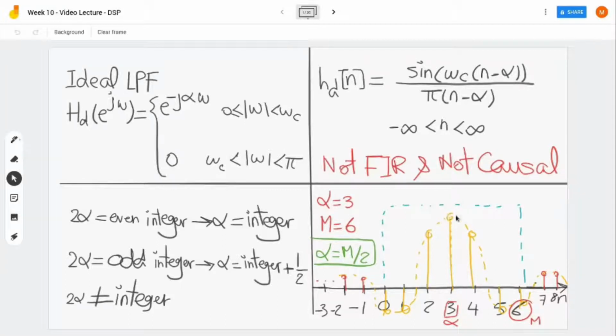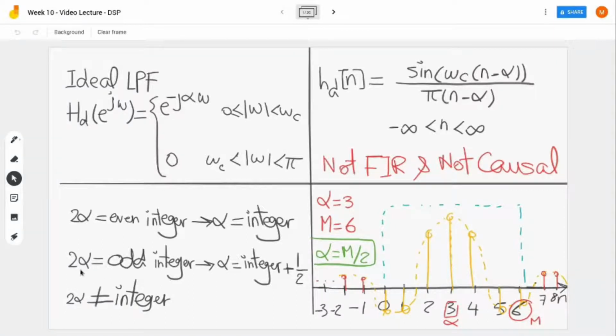So the maximum value of the sinc function would happen at n equal to alpha, n equal to 3 in this example, and the samples before and after will be symmetric. So in this case where 2 alpha is an even integer or alpha is an integer, the impulse response has symmetry, and this symmetry is linked to the phase linearity.